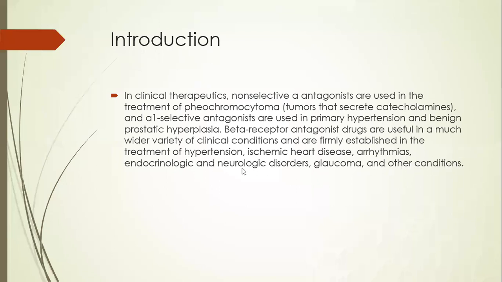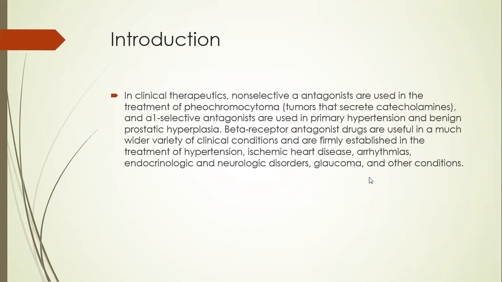There will be different types of antagonists for different types of diseases, and we will be considering them too. But in this lecture we will only be considering alpha receptors, the alpha antagonists.